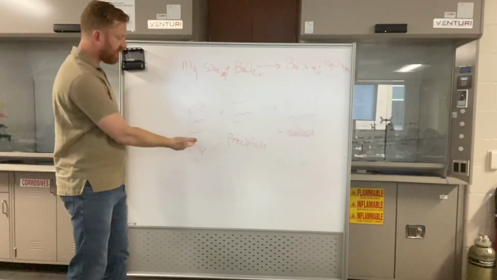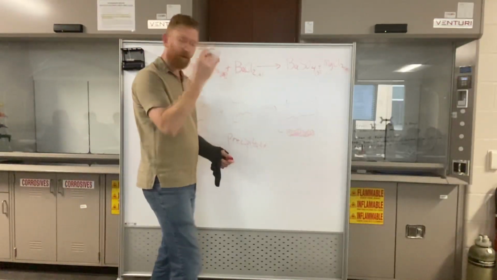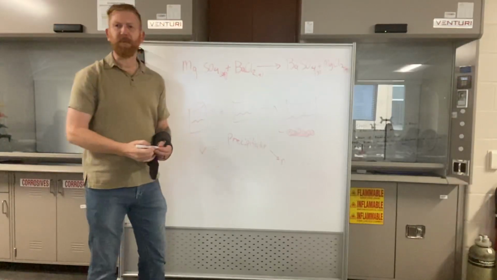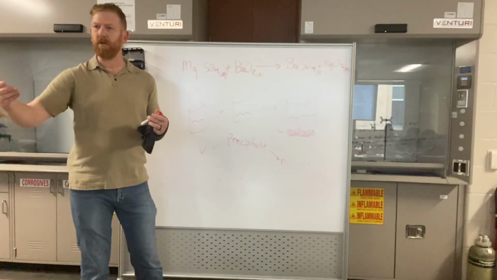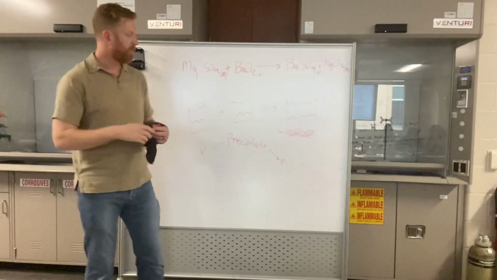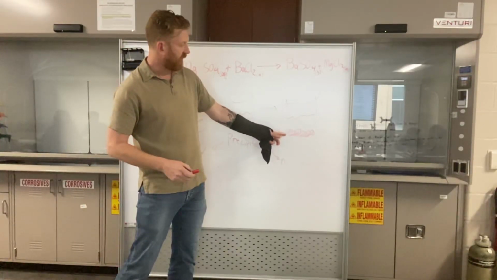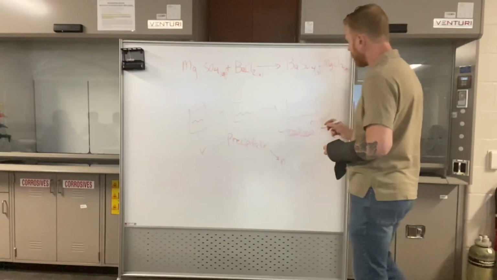This is how I do it, because I like to distinguish. As a noun, I call it a precipitate. So precipitates precipitate out of a solution, because otherwise it just sounds like you're saying the same word over and over. Okay. So barium sulfate precipitates as a precipitate, and then the rest of it is a solution.